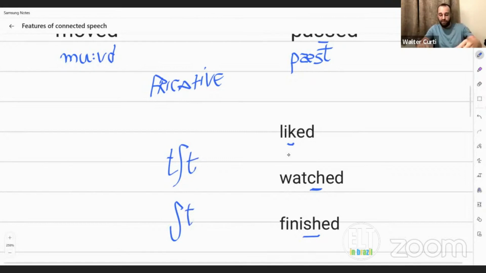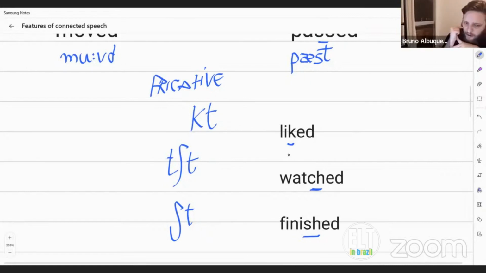Yes, I believe we do have a rule here. After the k sound, also a T. Interesting, right? And this is going to be useful, especially for isolated words like that. I think we're on the safe side if we say it's a rule with a couple of exceptions.